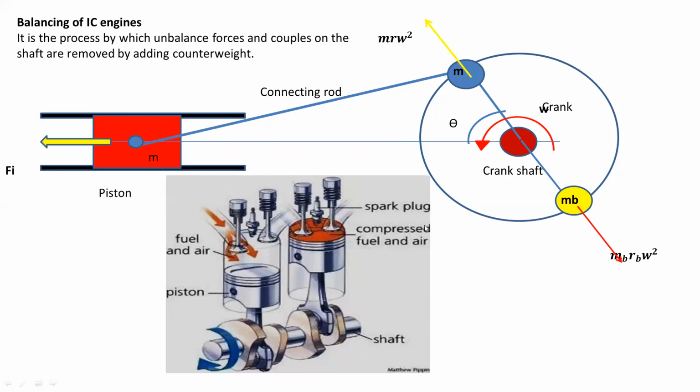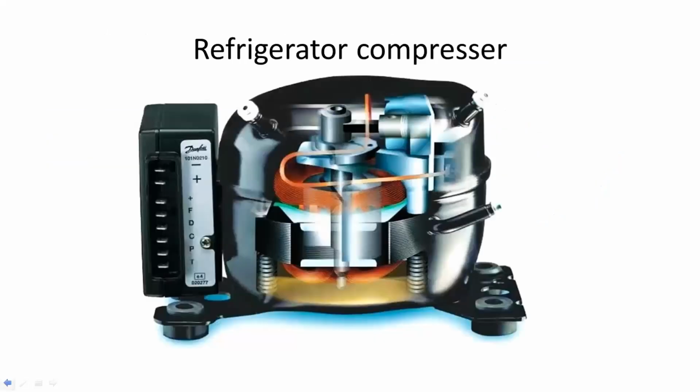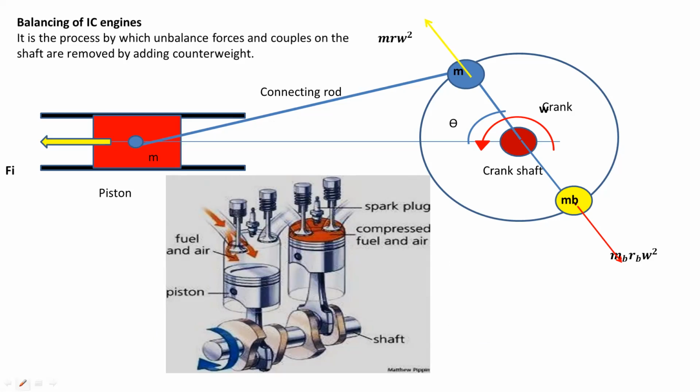But if the engine is a multi-cylinder engine or a V engine, then this process becomes complicated. So for this, we need a proper analytical method in order to find out the counter masses. If you observe this counter mass, physically it looks quite different. So this is the counter mass.